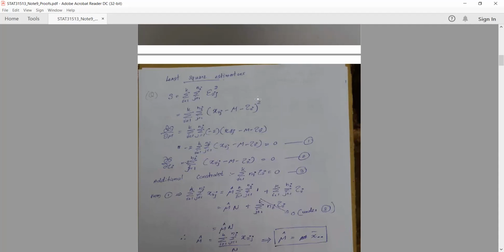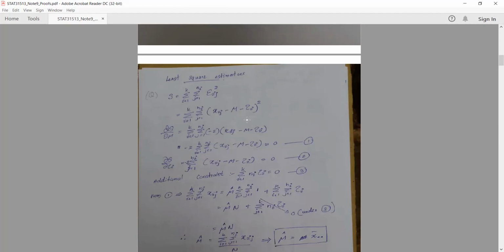You have this term to the power 2, so we write 2 times xij minus mu minus tau i. But for mu you have minus 1 as the coefficient, so you multiply by minus 1. So you have minus 2 times xij minus mu minus tau i, with i going from 1 to k and j going from 1 to ni. We equate this to 0 and take it as one equation.